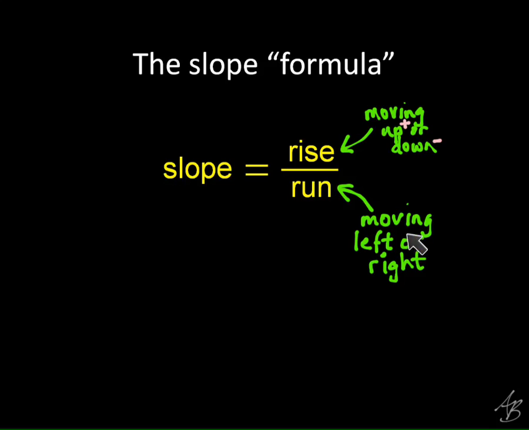In the horizontal direction, which way do you think is going to be positive? Okay, right is positive, and that means that left is negative, just like on the x-axis. All right, so when we're rising, it's just like moving along the y-axis. So up is positive, down is negative. And then when we run, that's like moving along the x-axis, so right is positive, left is negative.